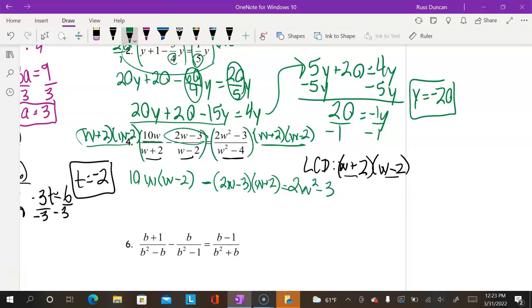Okay? And this one's icky. But you can do this. 10w times both. So 10w squared minus 20w. Okay? Minus, I'm going to go ahead and do all this. 2w times 2w squared plus 4w minus 3w minus 6.